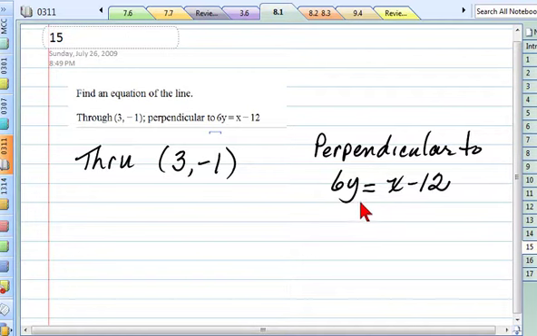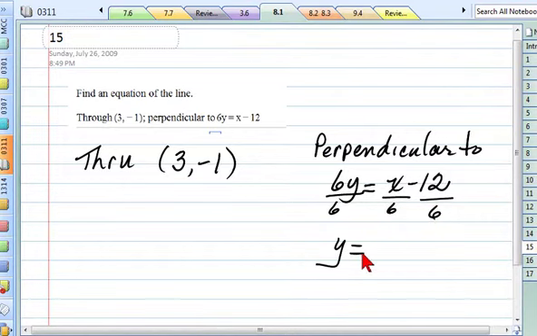Is this equation in slope-intercept form right now? Does it say y equals? No, it says 6y equals. So I need to first of all divide everything by 6. And that gives me y equals, all right, I would like to write the coefficient of x. Do y'all agree that there is an implied 1 right there?